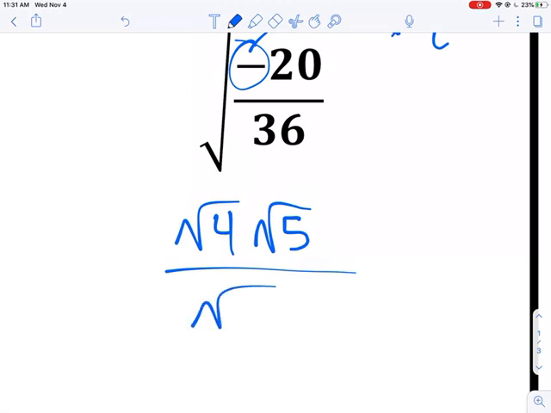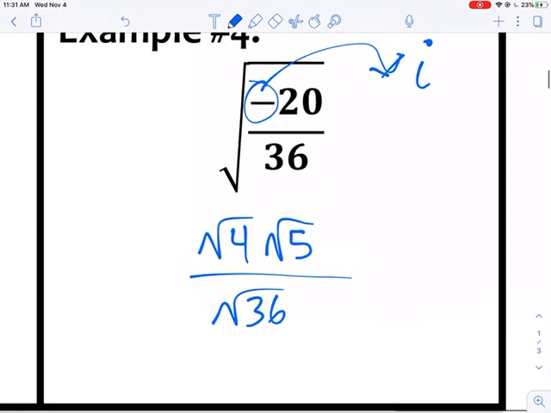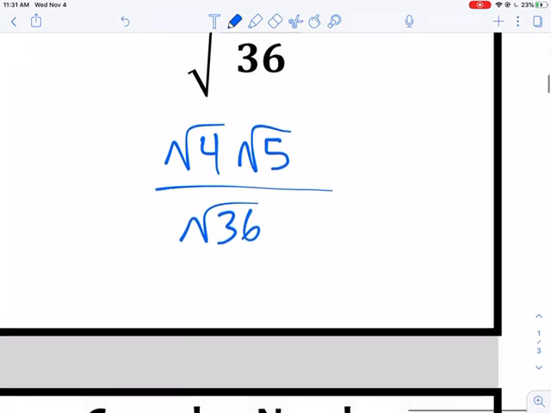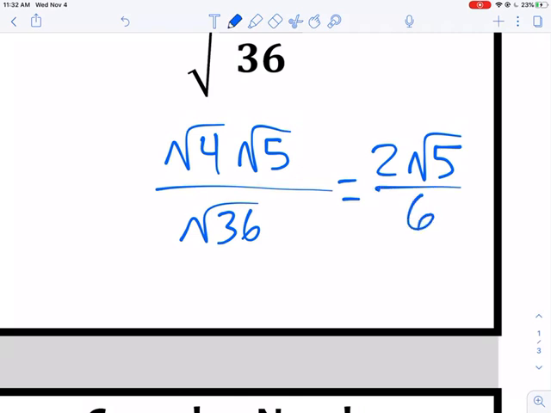Well, we know the square root of 36, right? So we can really keep that here. That is a perfect square. So let's simplify. Square root of 4 is 2. Square root of 5 comes with us because it can't reduce. And the square root of 36 is 6. And we still have that i we took out earlier.